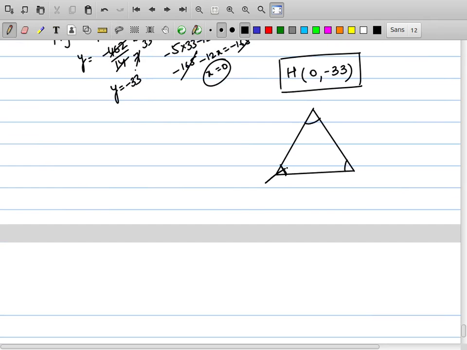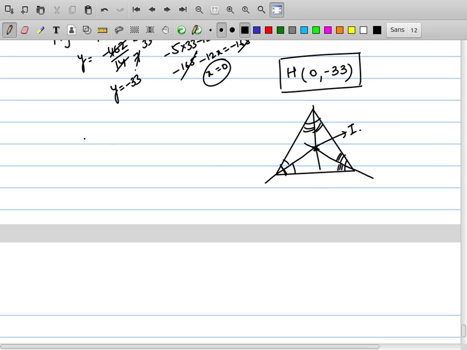If we bisect this angle, that is this part equals this part, and we bisect this angle, and this angle, the point where these three bisectors meet is called the incenter.